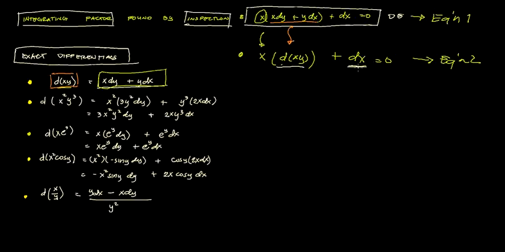How can we make this part a function of x and y alone, and this part a function of x alone, so that in the next step we can integrate both terms?